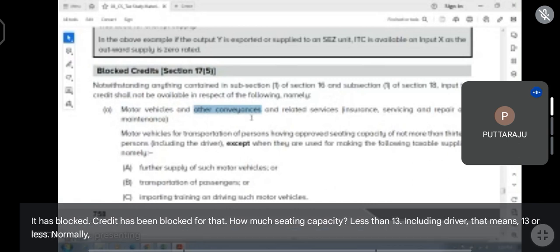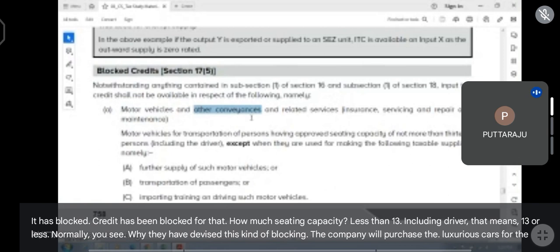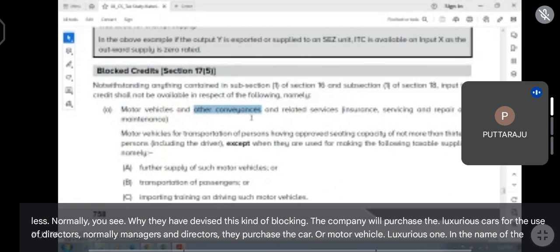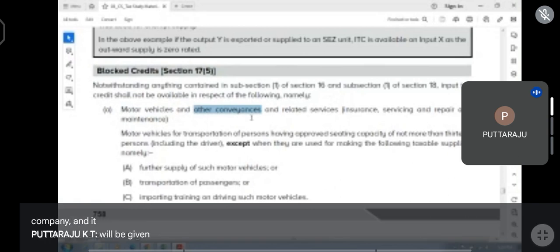Normally you see why they have devised this kind of blocking. The company will purchase the luxurious cars for the use of directors. Normally managers and directors, they purchase the car or motor vehicle, luxurious one, in the name of the company, and it will be given to the directors.